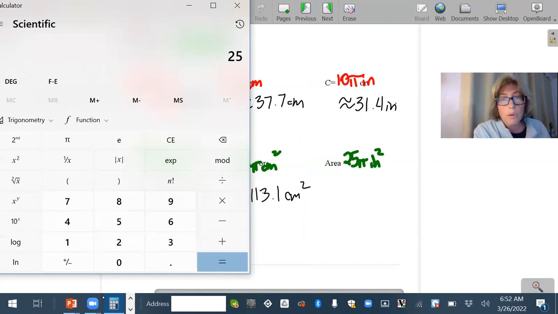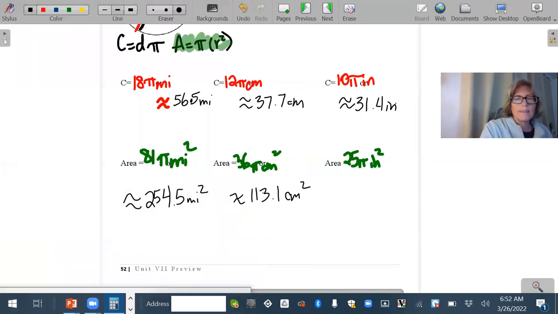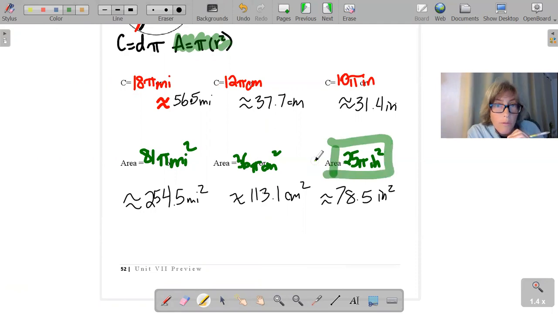So 25 times 3 is approximately 75. So we're going to be close to 75. And we get 78.5 approximately inches squared. In general, the pi form or the exact form is preferred.